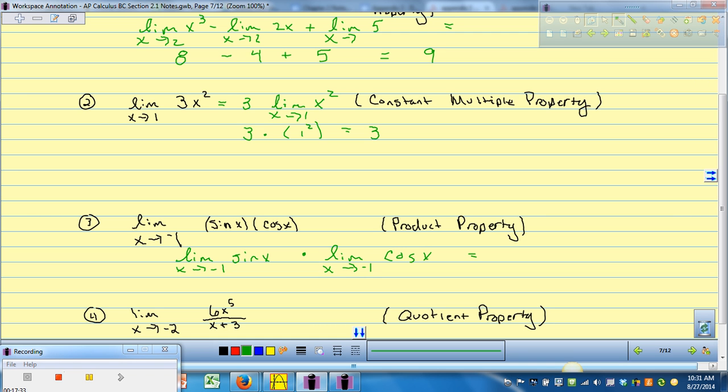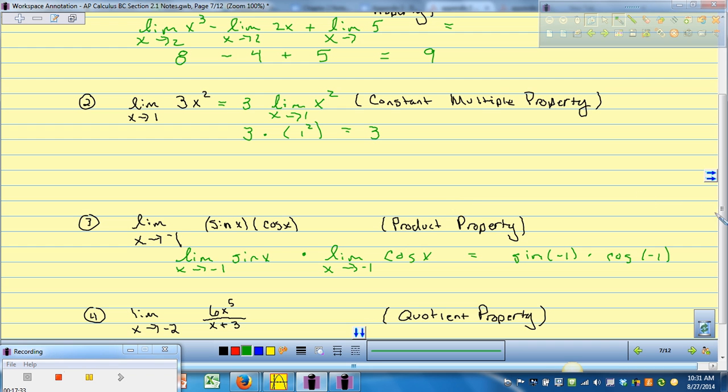Any form of the correct answer is correct. So we could write this as sine of -1 times cosine of -1. That's an acceptable form of the answer. Don't be thrown off. We can take the sine of a -1, but remember the value of sine and cosine bounces between 1 and -1.